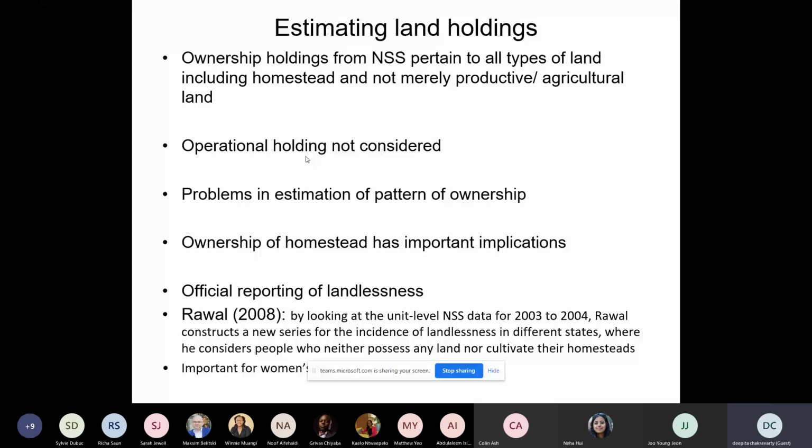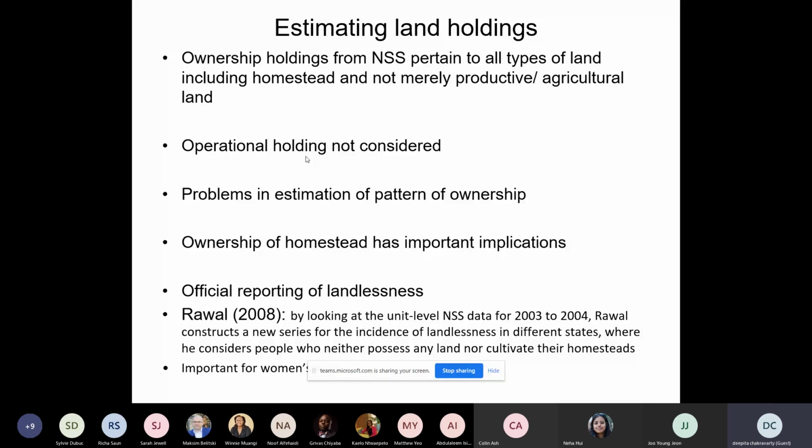Okay, so that means he has included in his series of data only those homestead plots where cultivation does take place. Now, this particular series that Vikas Rawal prepared is very important from the point of view of the research I was pursuing, right? Because let us remember that women are most likely to cultivate the homestead plots.